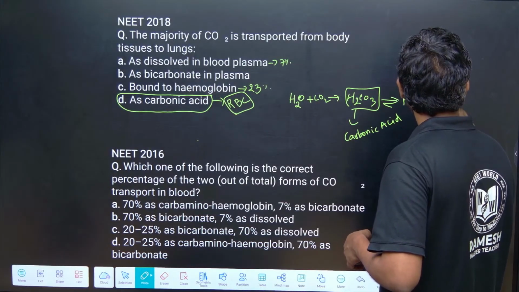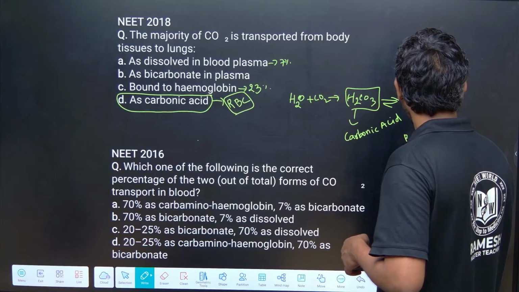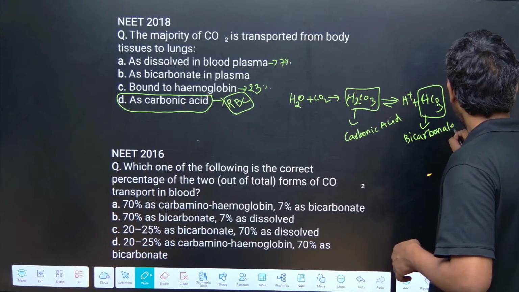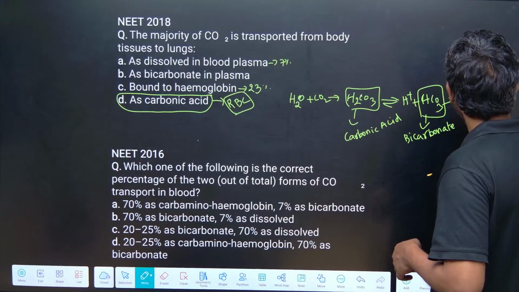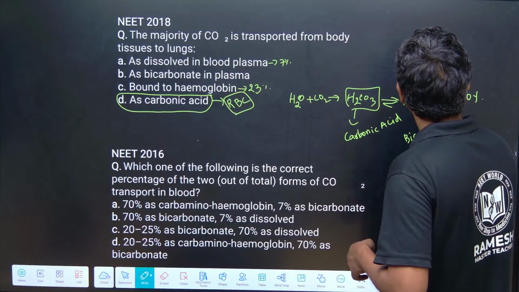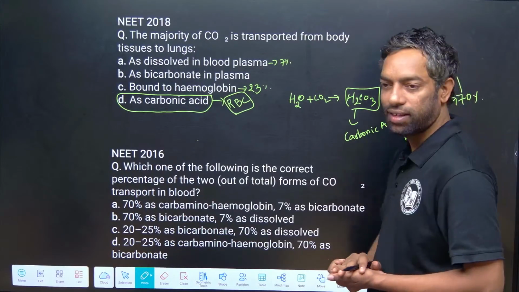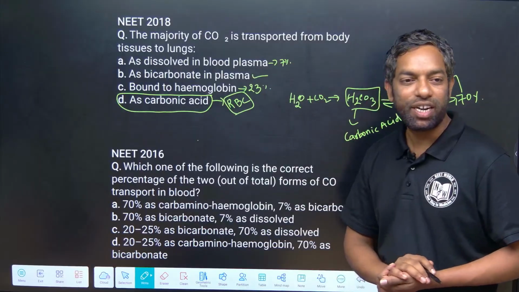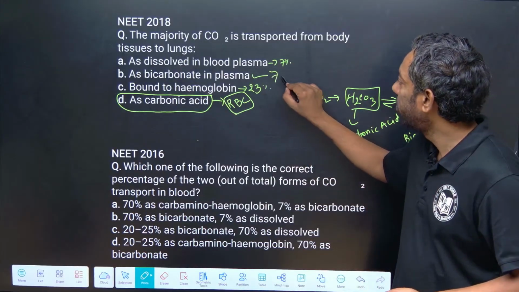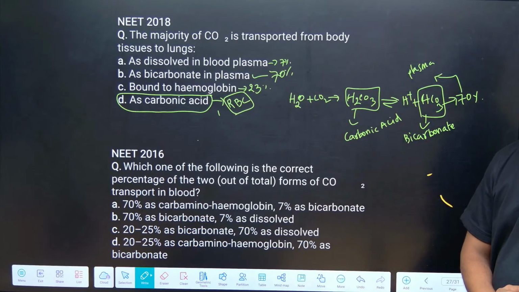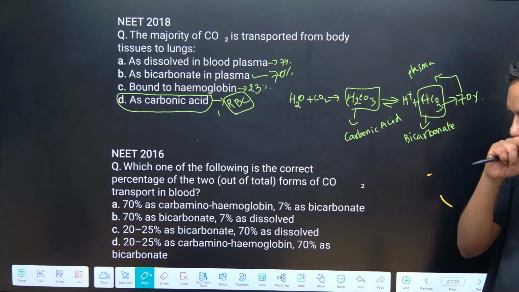This is bicarbonate. This is 70% in the plasma, right? Bicarbonate is 70% in the plasma. This is irregular. Got it? Okay? Yes.